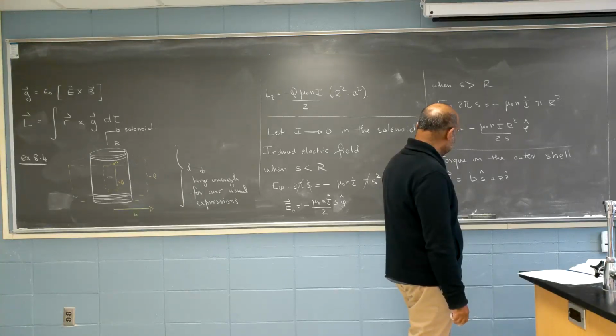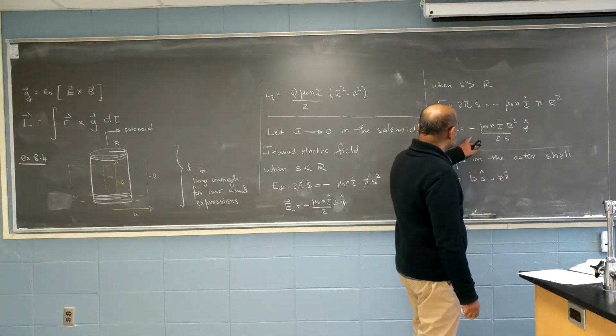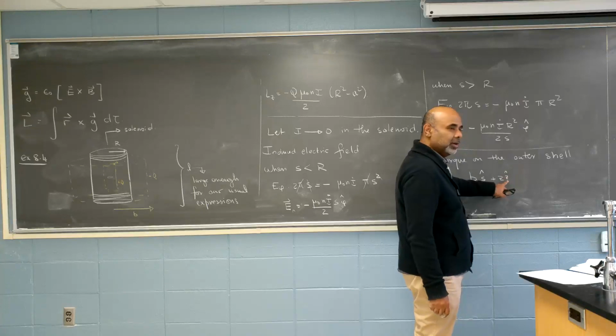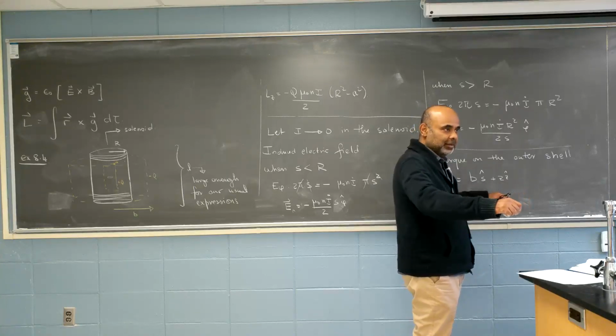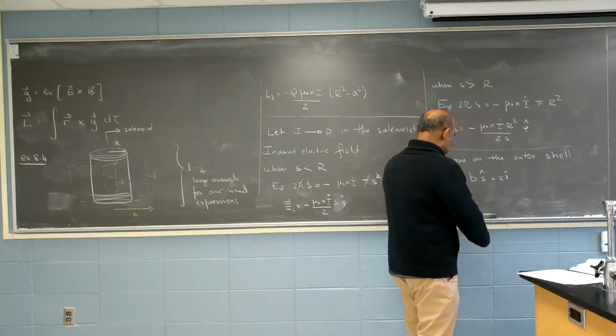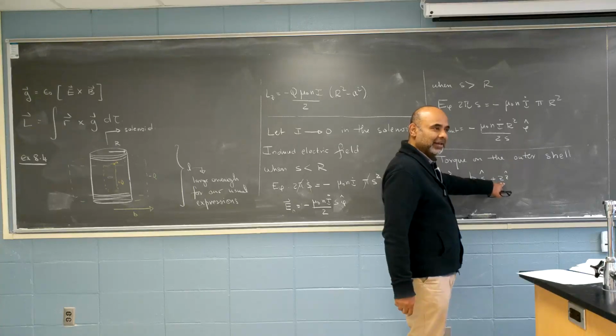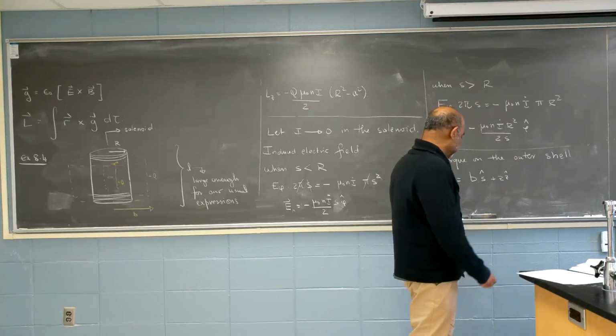See, the electric field is in the phi hat direction. What is z cross phi hat? Z cross phi hat is s. It's not going to turn. I don't want to do this because this term will have an integral and I don't want to integrate.